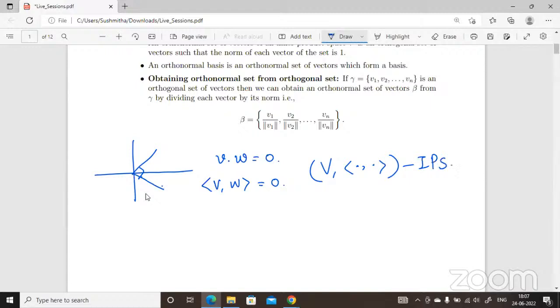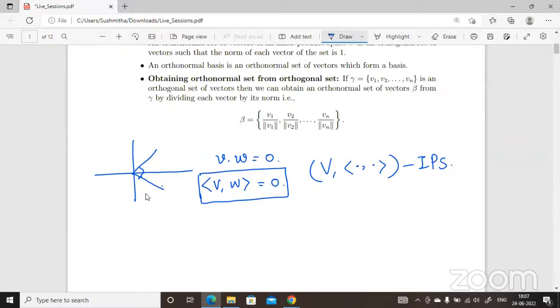Whenever we talk about an inner product on this space, we will always consider the inner product defined on V, not the dot product always. You need to be really careful and check how the inner product is defined. So two vectors are said to be orthogonal if the inner product of those two vectors is 0. That's all. As simple as that.